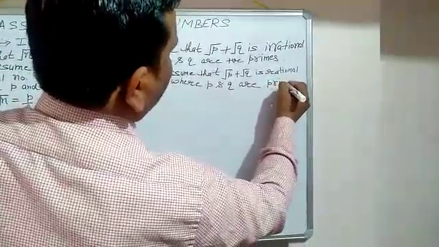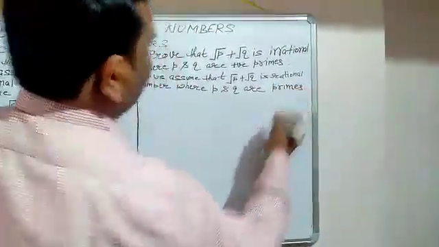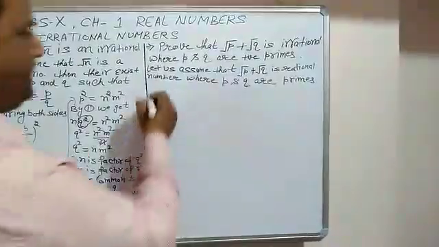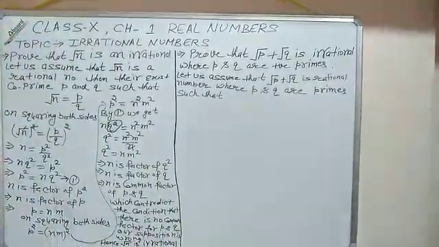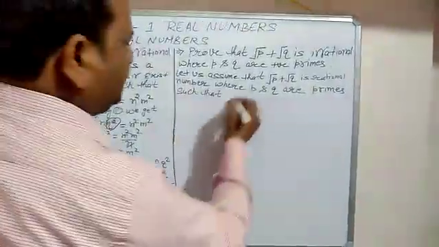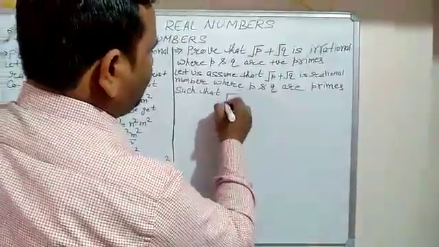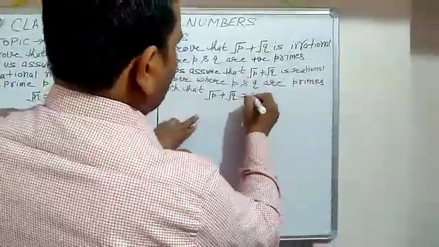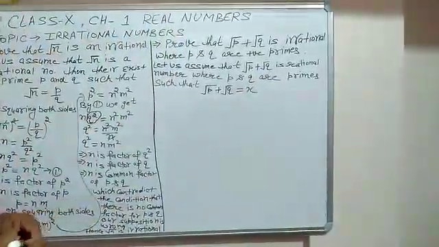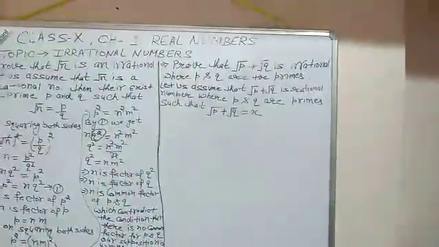Such that root p plus root q is equal to x. We assumed here x is rational.